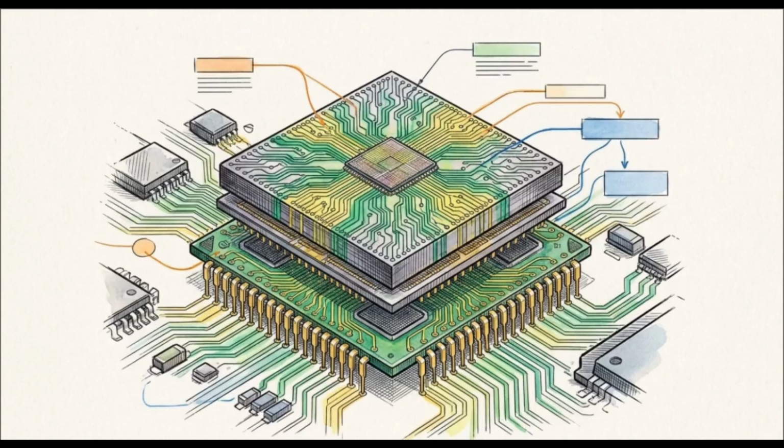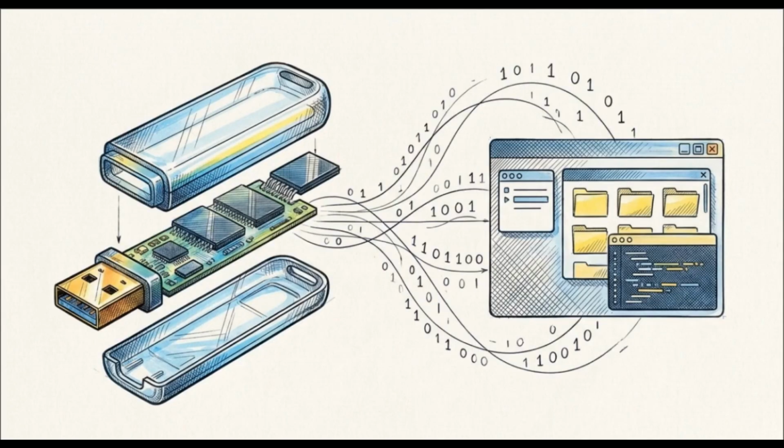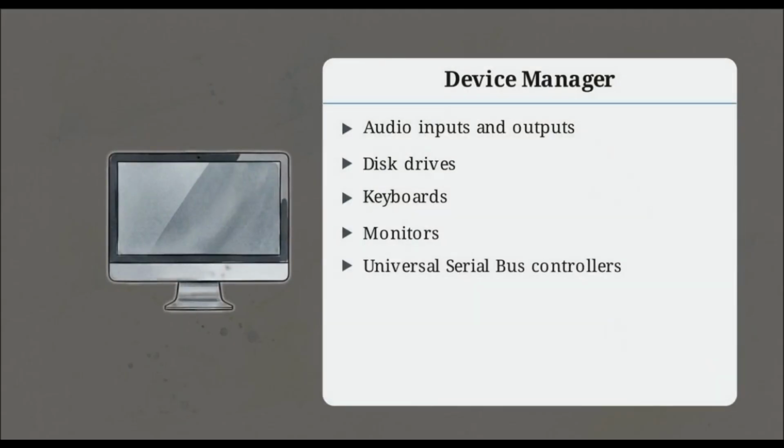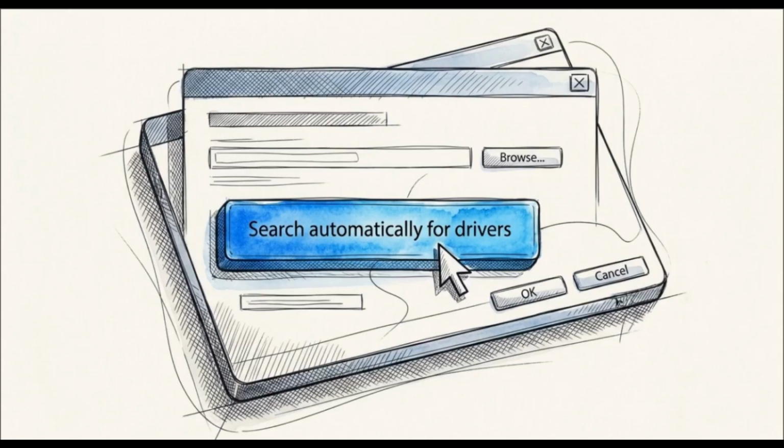If Disk Management did not resolve the issue, we shift our focus to the system drivers, the software that allows the USB hardware and Windows to communicate. Press Windows and X again to open Device Manager. From this list, expand the category labeled Universal Serial Bus Controllers. Look for an item labeled Unknown USB Device or one flagged with a yellow warning icon. To repair it, right-click the flagged device, select Update Driver, and choose Search Automatically for Drivers.